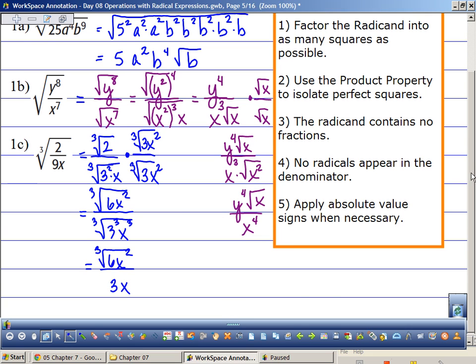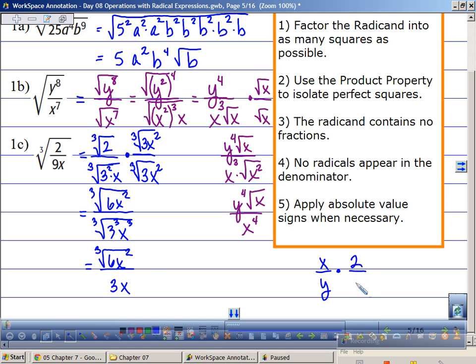Okay, so let's look at something really important here. Let's say we had x over y, times 2 over z. How would I do that? Multiply straight across, right?